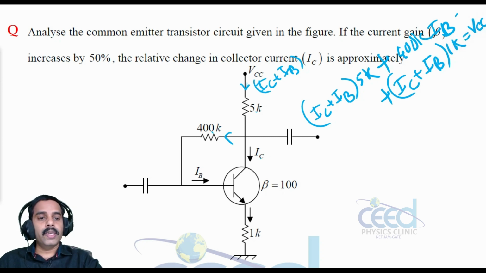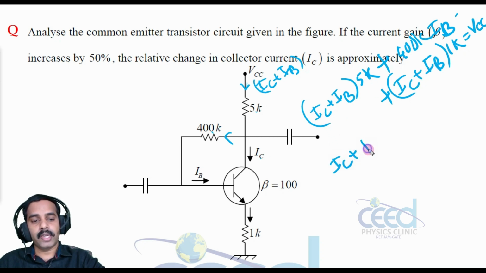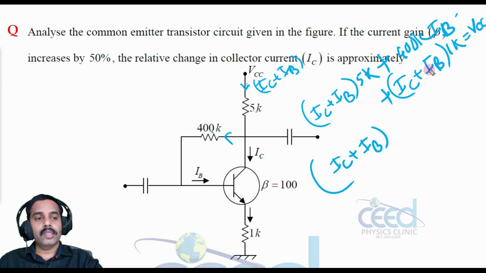Now our target is to find IC from it. Let me take IC plus IB out, then 5K plus 1K, that is 6K, and 400K IB, that is equal to VCC.